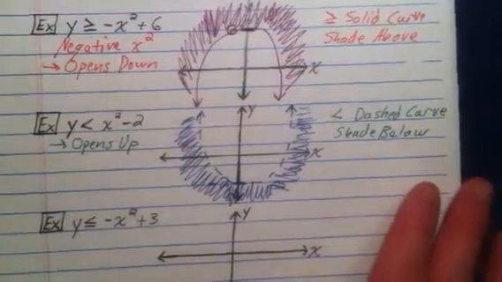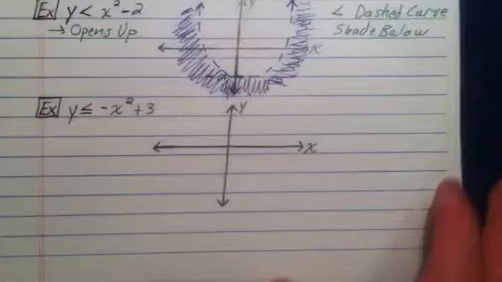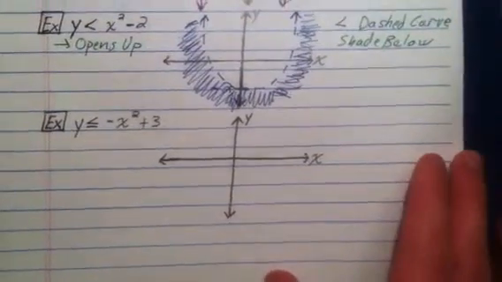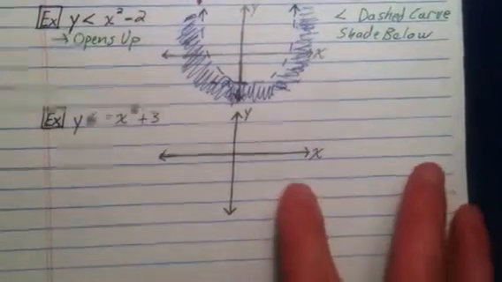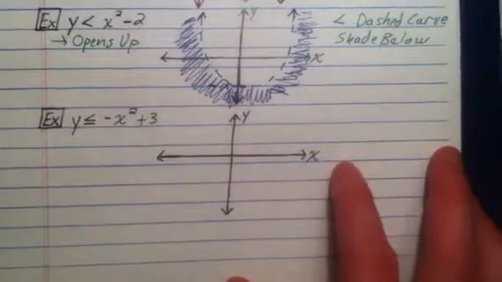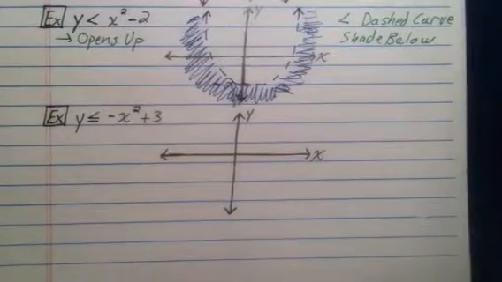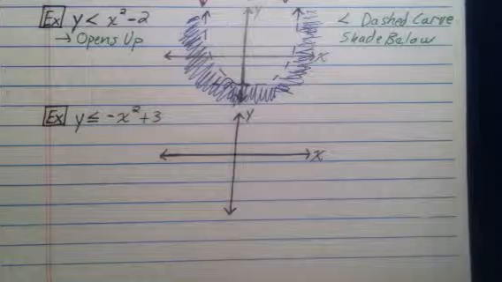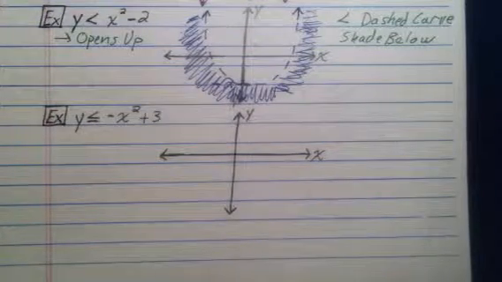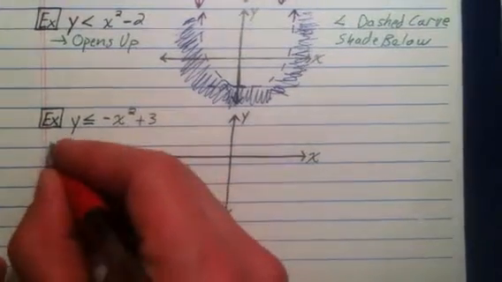And then our last example for this section, we have y is less than or equal to negative x squared plus 3. So once again, you look at the sign of the x squared term, it's negative.